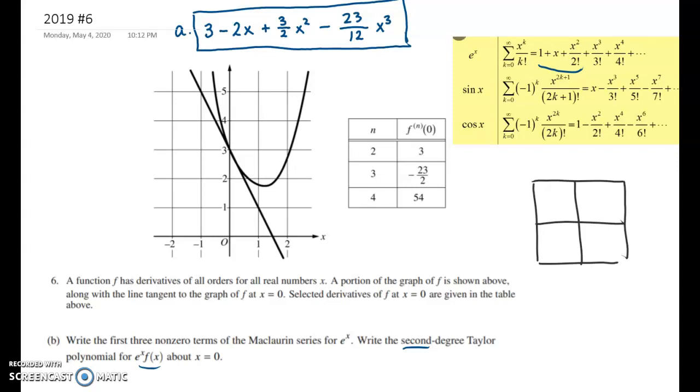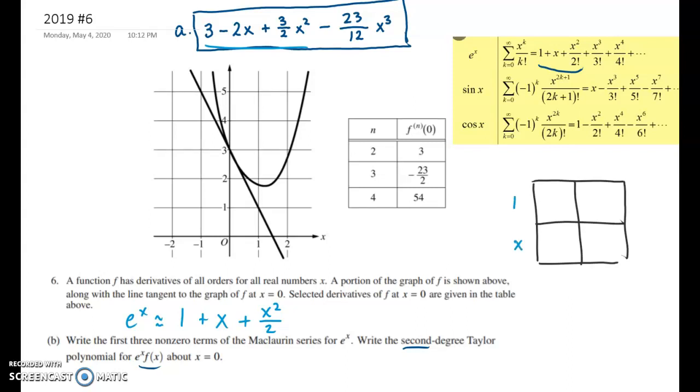So here's my first three non-zero terms for e to the x. It's 1 plus x plus x squared over 2. And here are my first three non-zero terms for f of x. So I'm going to take e, which is 1 plus x.